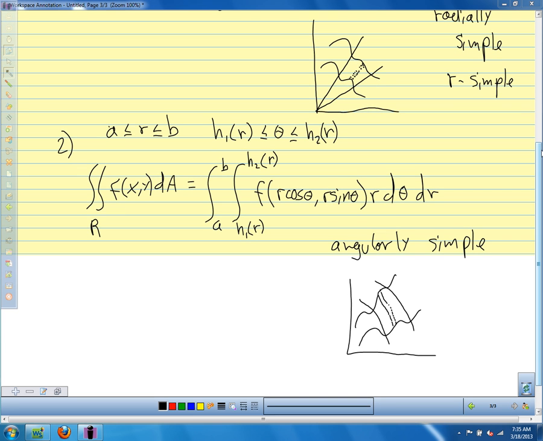So this is how we evaluate double integrals in polar coordinates, just like we do in rectangular coordinates. So any questions on this, on the development?